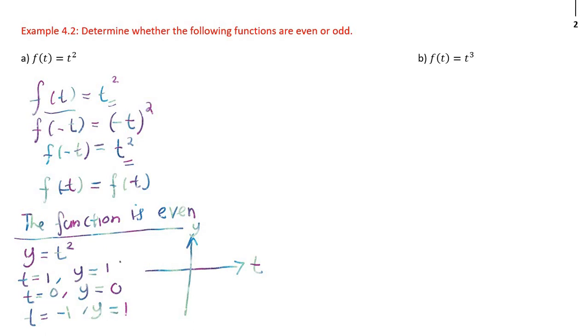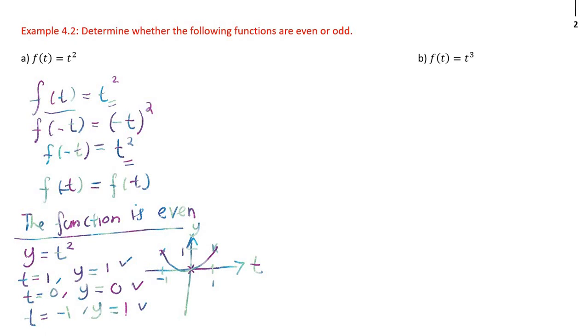The first point is (1, 1), the second point is (0, 0), and the third point is (negative 1, 1). So this is the graph.